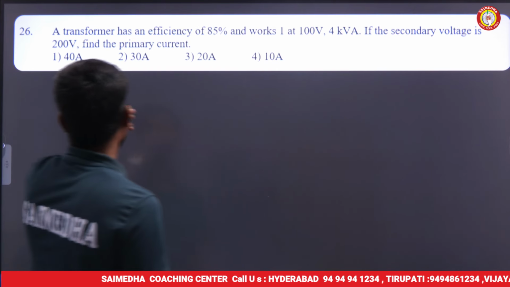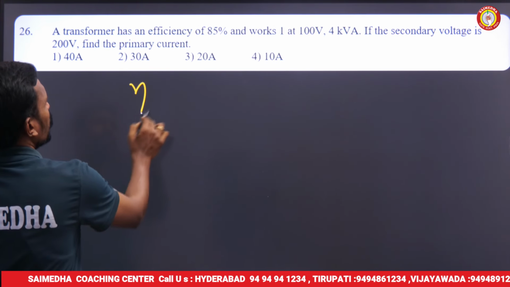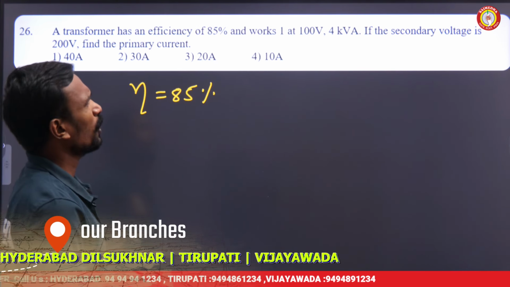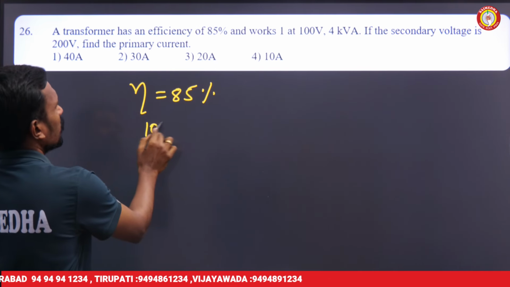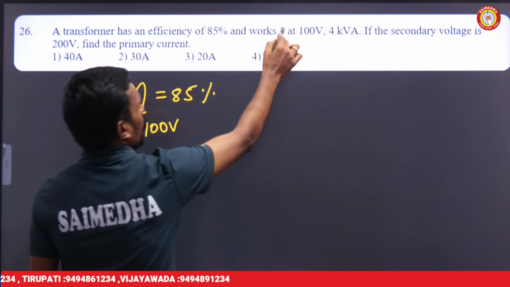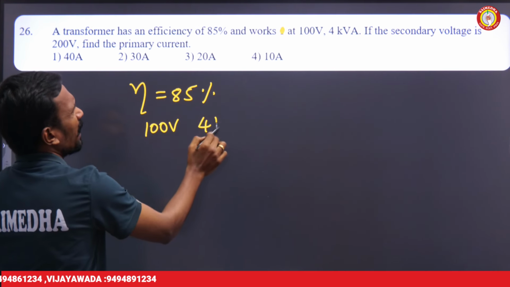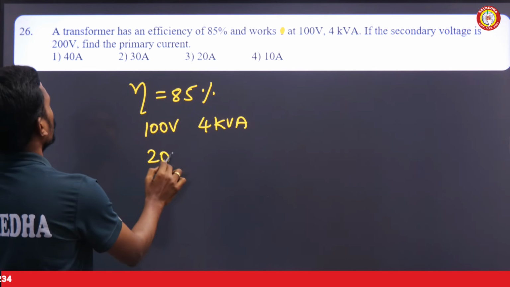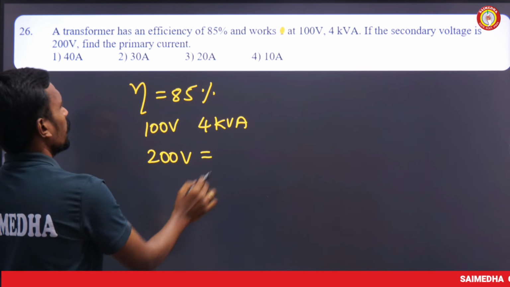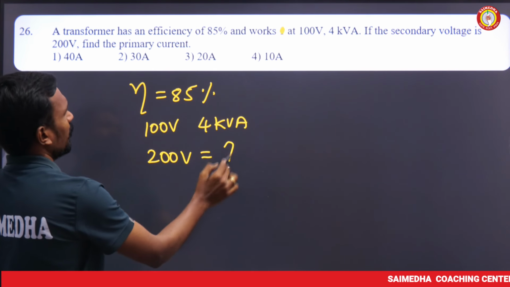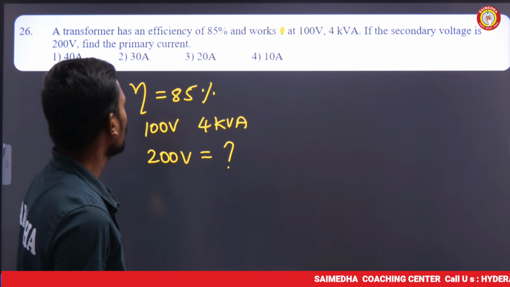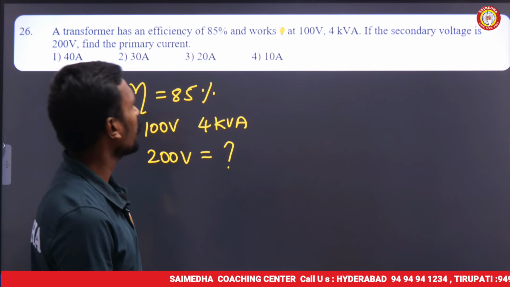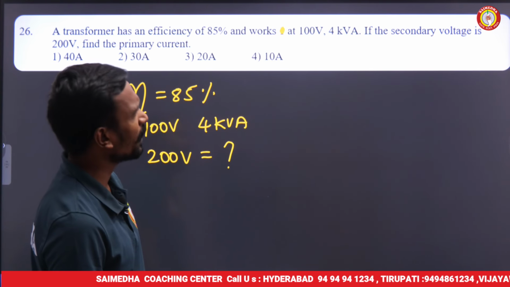Next, a transformer has an efficiency of 85% and works at full load, 100 volts, 4 kVA.